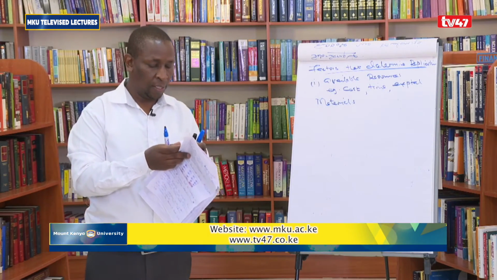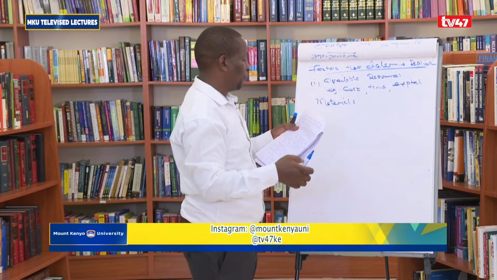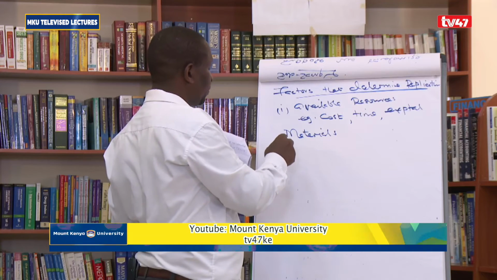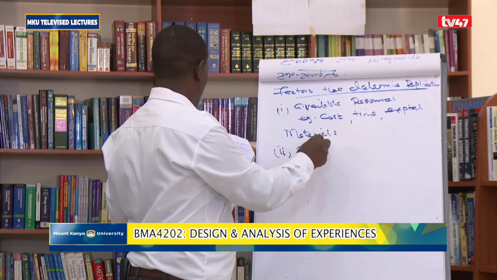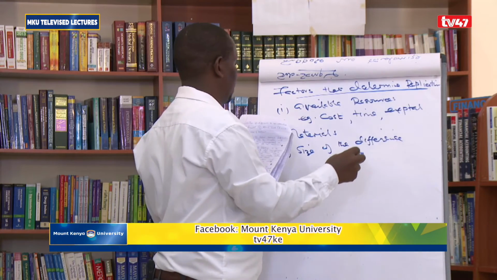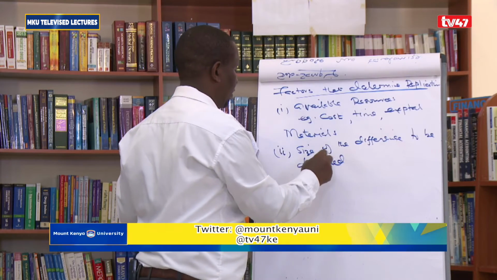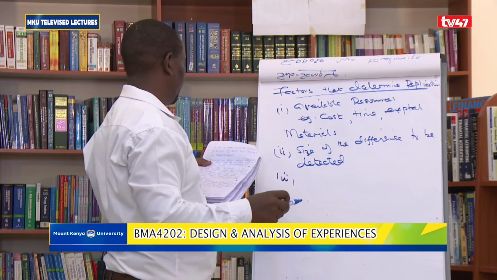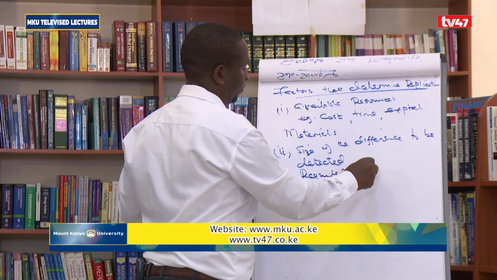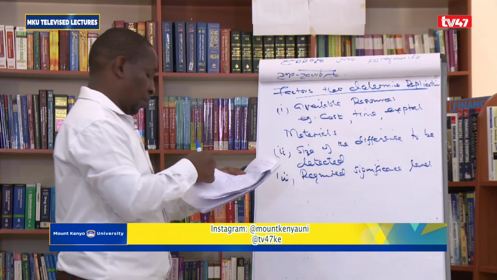We look at other factors that may hamper replication. Two, the size of the difference to be detected. Three, the required significance level.